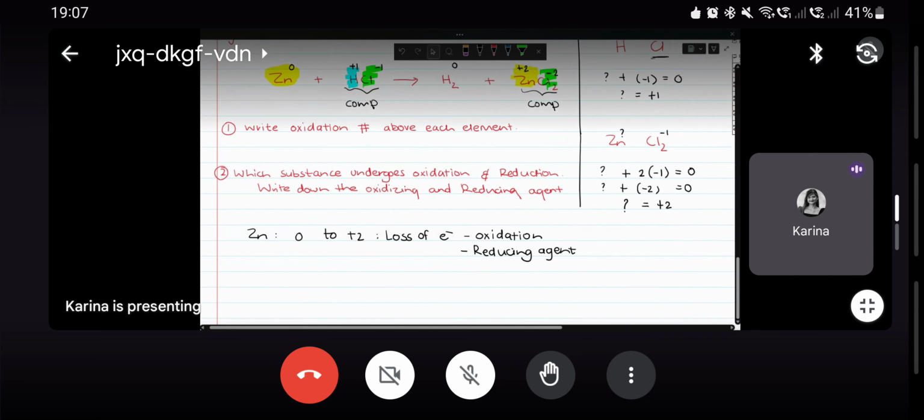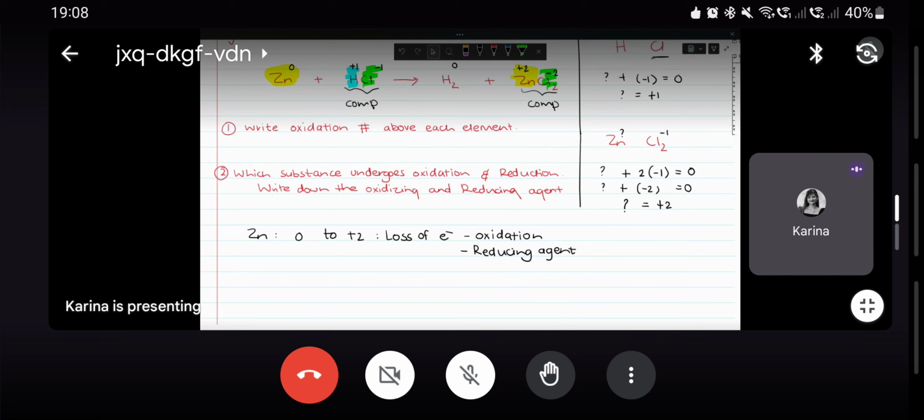And then if we look at HCl, hydrogen, the number is going from plus 1 to 0, so that's technically decreasing. And if you look at chlorine, it's going from negative 1 to negative 2, so it's also decreasing. Okay, so we're going to write it just as chlorine for now. So chlorine is going from negative 1 to negative 2, and we've got a gain of electrons.